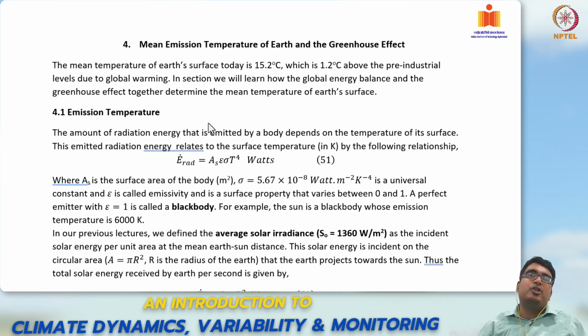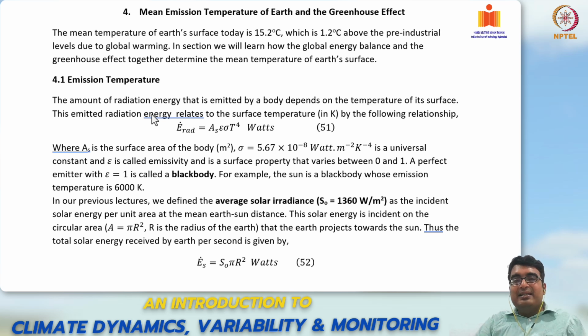The mean temperature of that is 15.2 degrees. This is not the temperature that we will detect through thermal radiation measurements when we see the planet from space, and we will see why that is the case in the first half of this class, and then we will see how that mean temperature as seen from space relates to the surface temperature of the Earth.